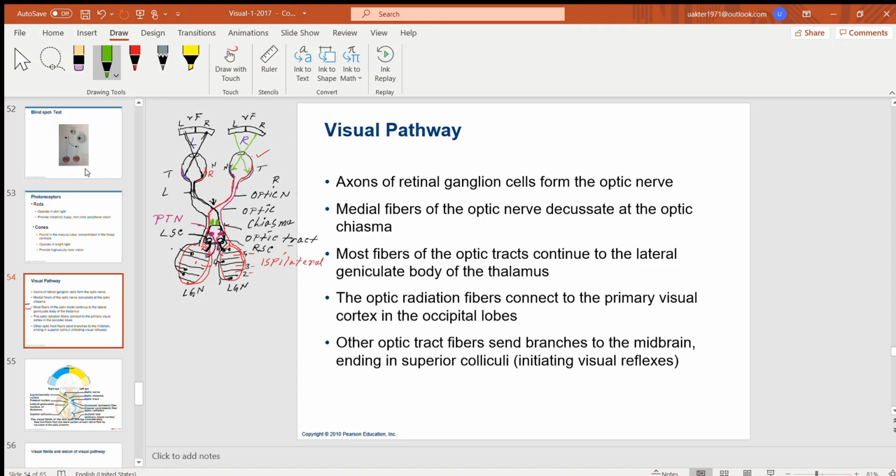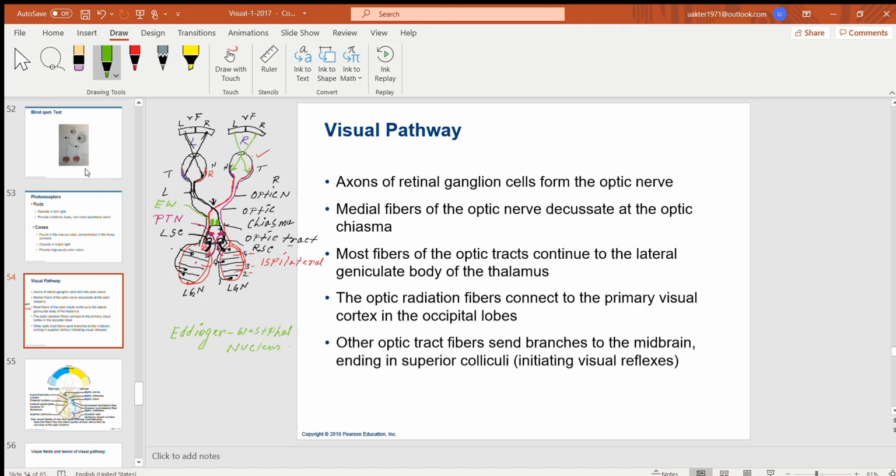So let me just write this way: Edinger-Westphal nucleus.